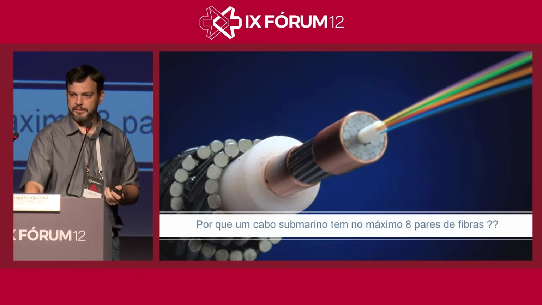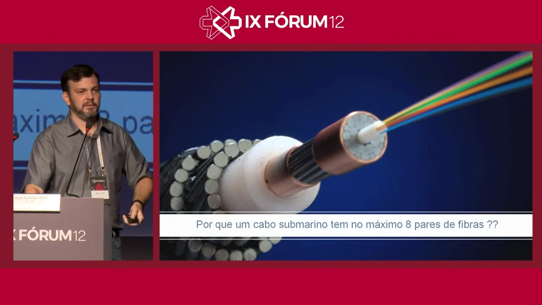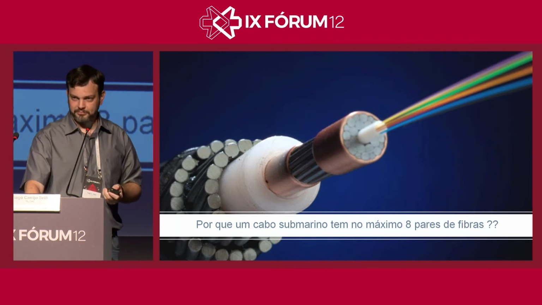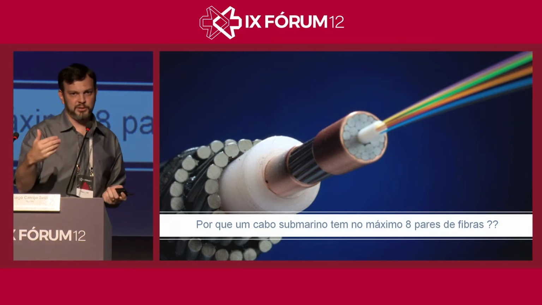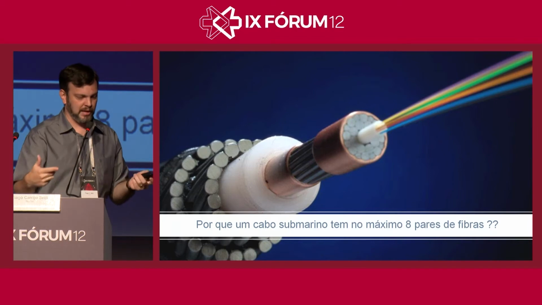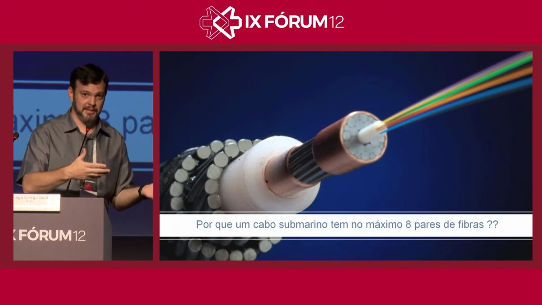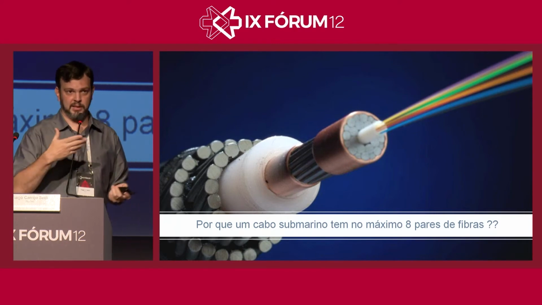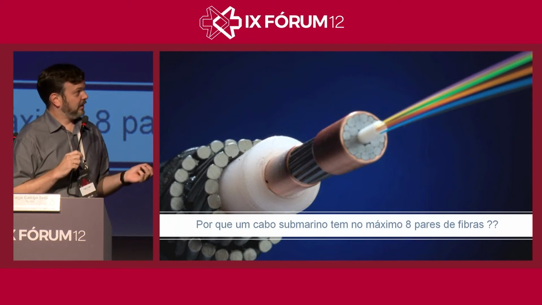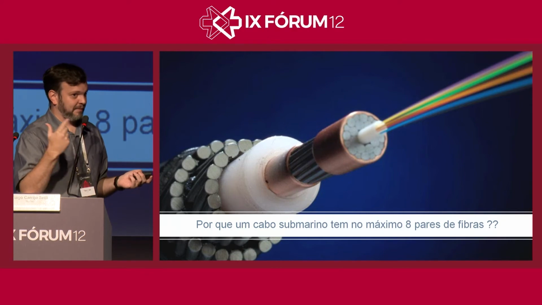Why does a sub-cable have only 8 fibers? Why don't they release 144 fibers instead? Do you know the answer? Well, the sub-cable, as there are amplifiers within the cable underneath, you need energy to amplify that signal, and there is no energy there, right?